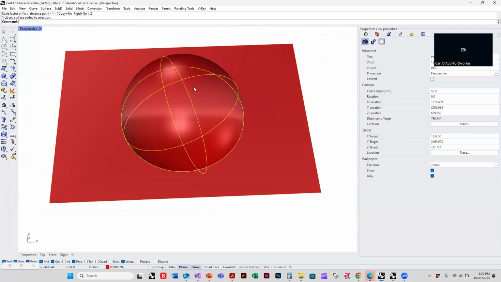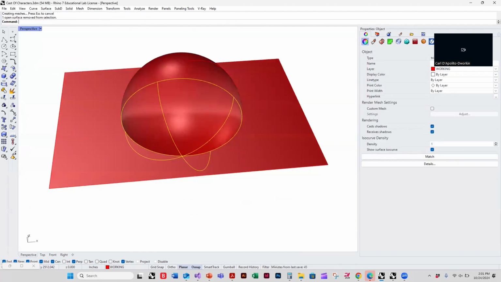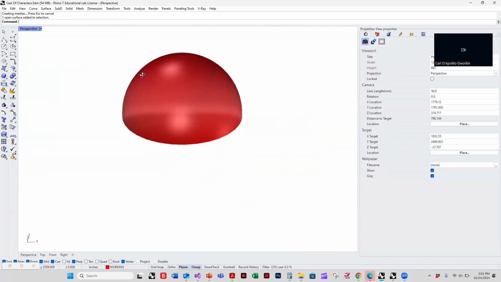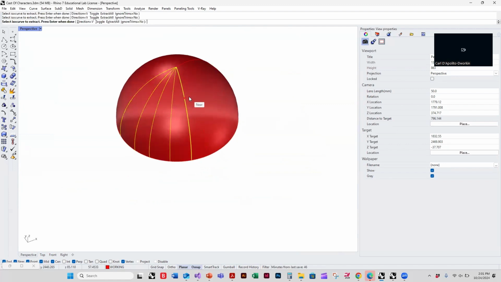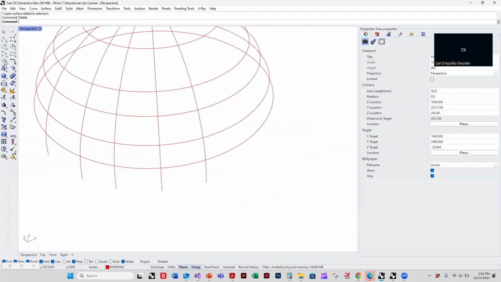You take a sphere, you split it, and you extract the isocurves. Like that. That's planar.